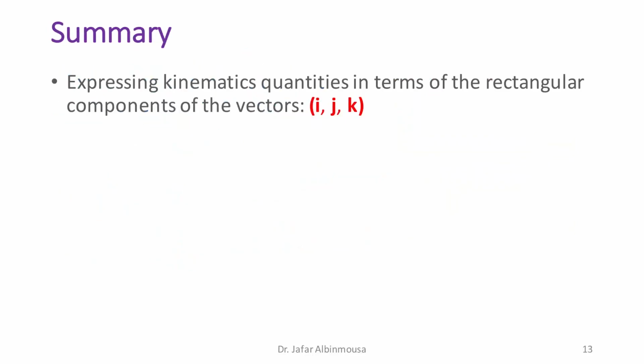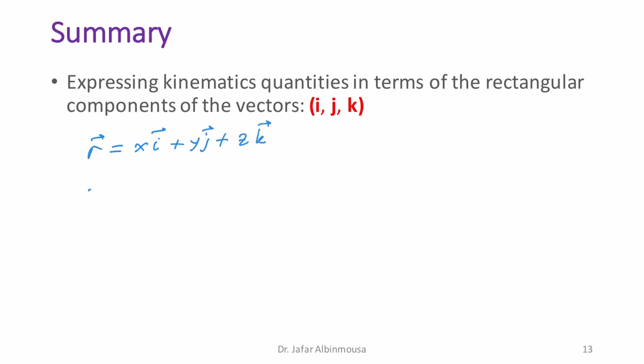Now, to summarize, we have expressed the kinematic quantities in terms of rectangular components of the vectors i, j, and k, and we wrote the equation of the position as this: r equals xi plus yj plus zk.